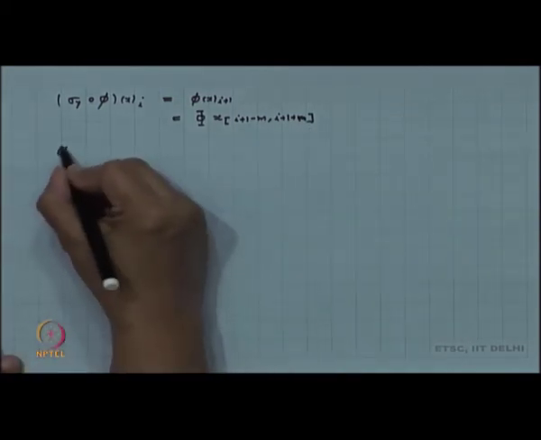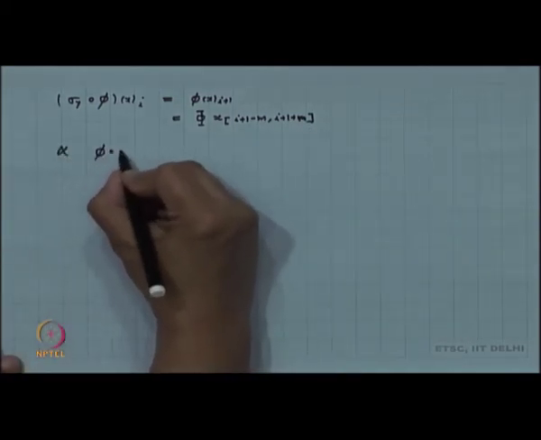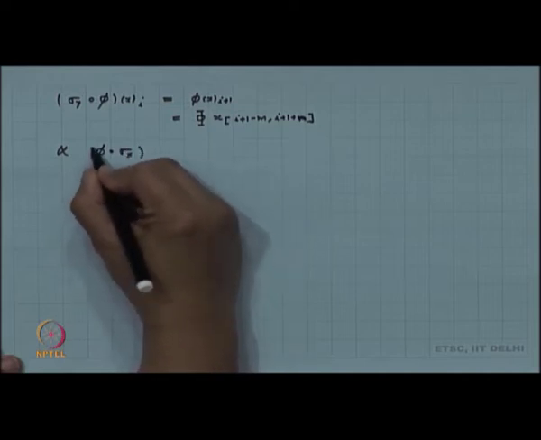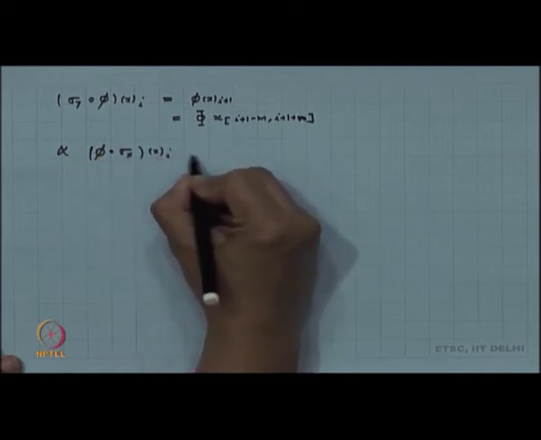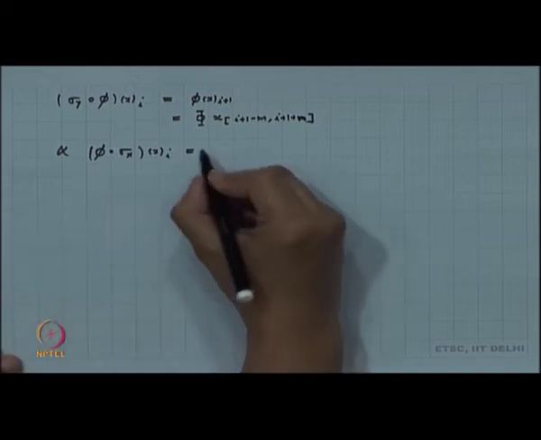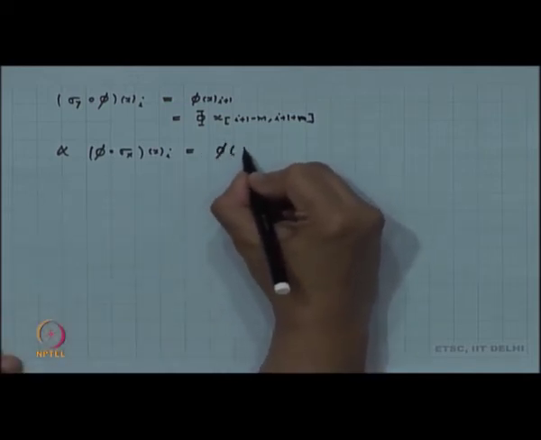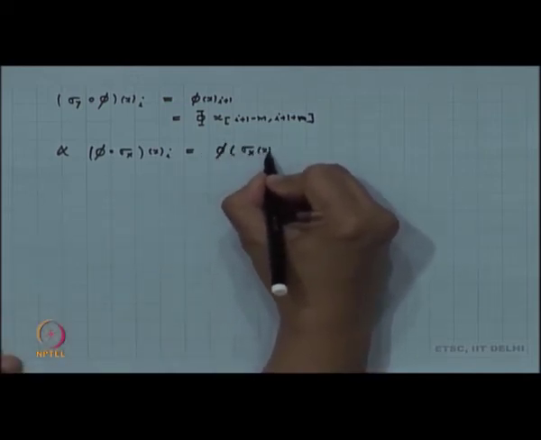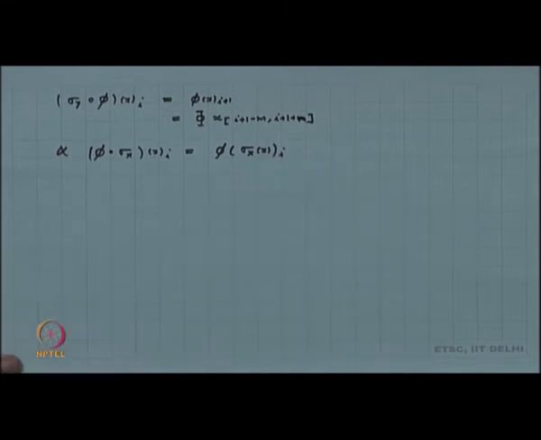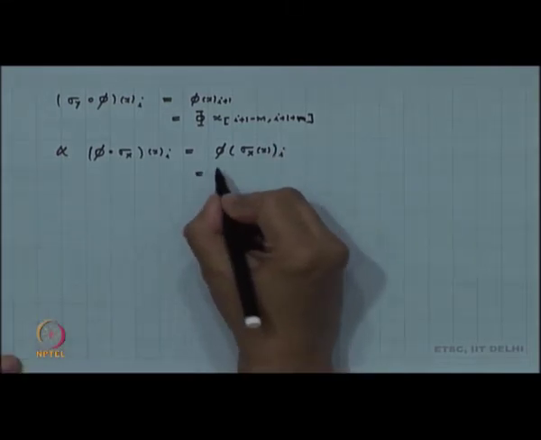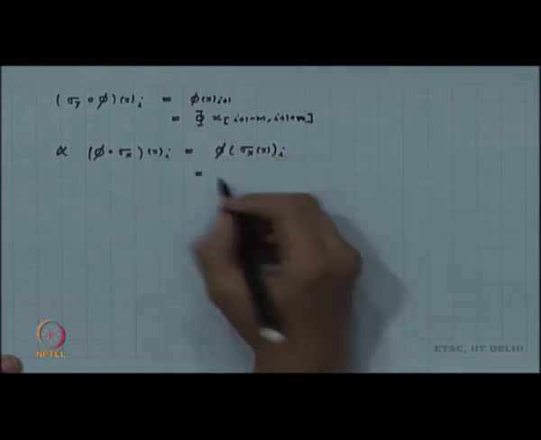and my phi of sigma x at the position i is given in terms of phi of, I can think of this as sigma x at i, and this I can think of as given in terms of a block map here.